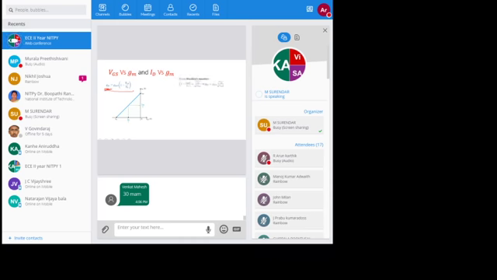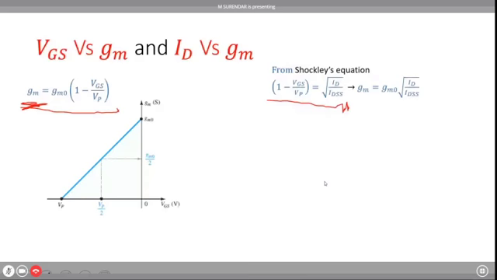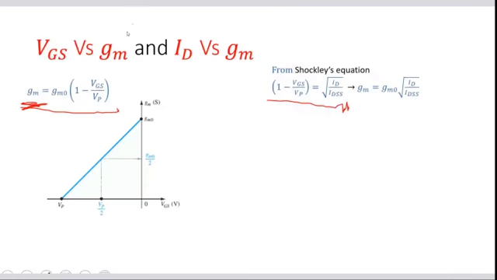ID is equal to IDSS into (1 minus VGS by VP) the whole square. That equation is modified like this because we are taking IDSS down here, and ID is here. Taking the square root on both sides, we have the term 1 minus VGS by VP.